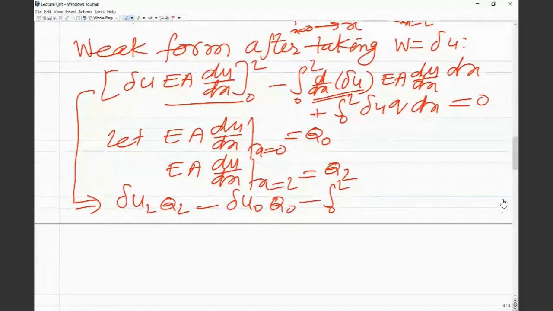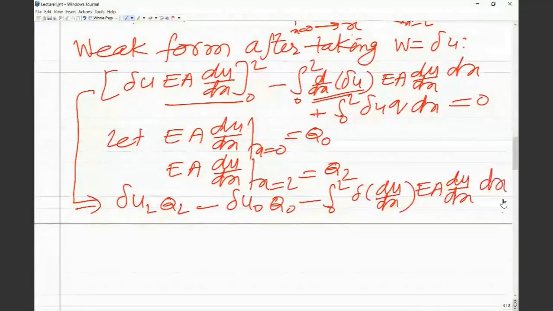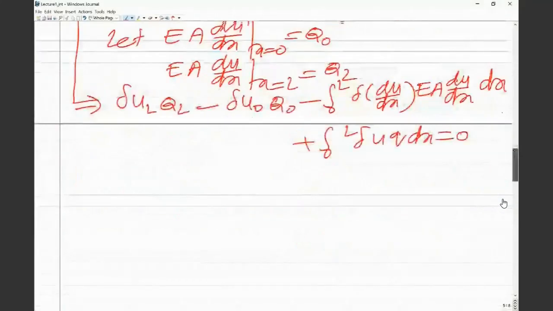The two are actually the same. So we can also write the second term as delta of du by dx times EA du by dx dx, plus integration 0 to L delta u q dx equal to 0. So this is the weak form.